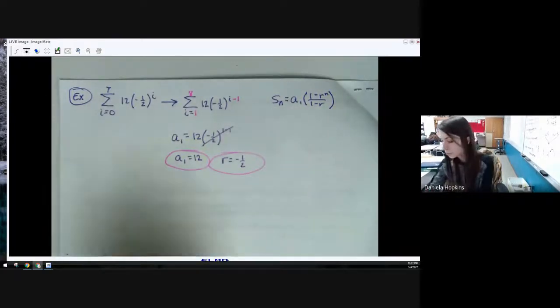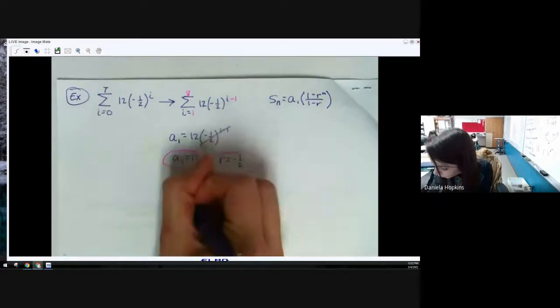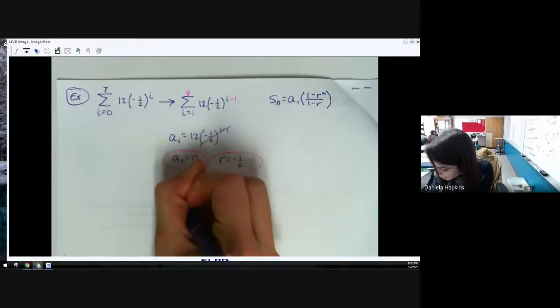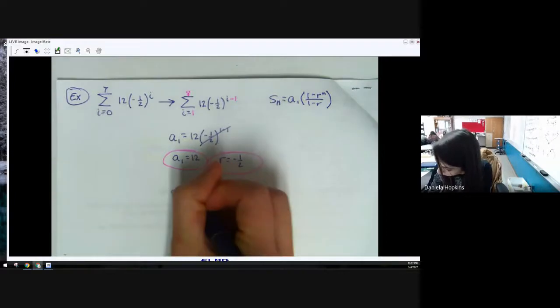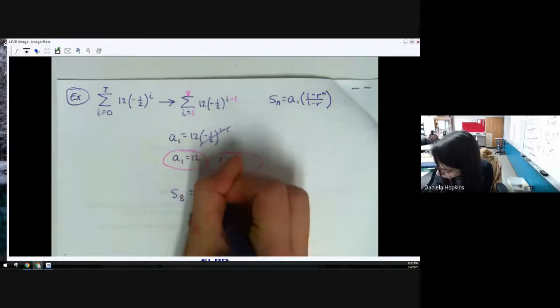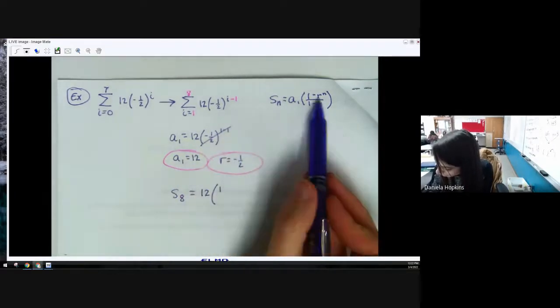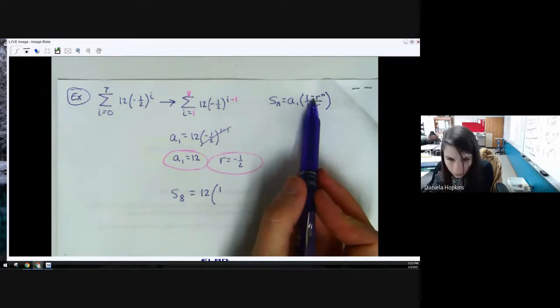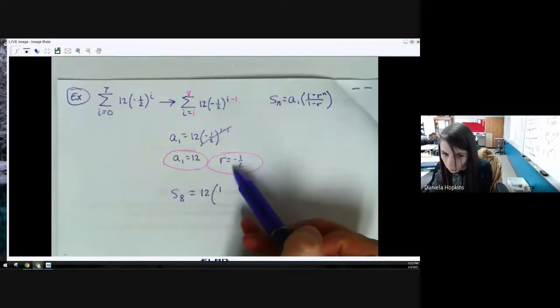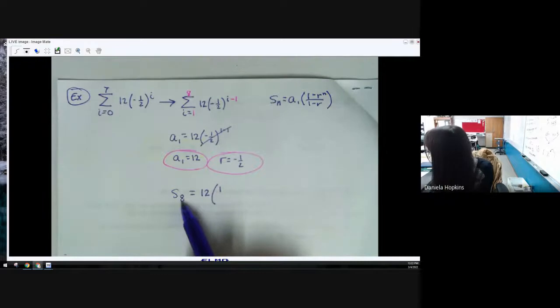So when I put this through the formula, S of 8, that'll be 12 times 1. Now, here's a little thing, just because we're going to type this into our calculator. If it's negative 1/2 raised to the 8th, what should we put into our calculators? Think about our signs.